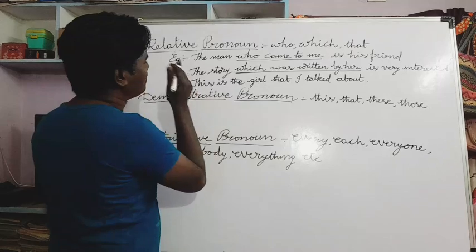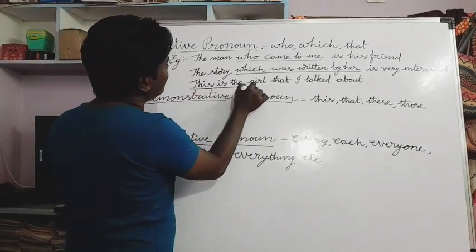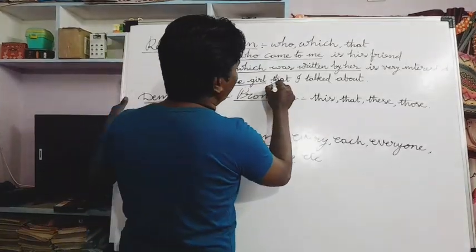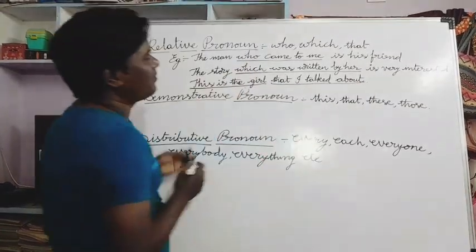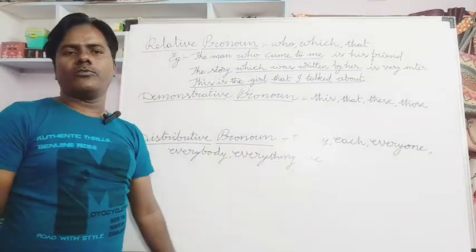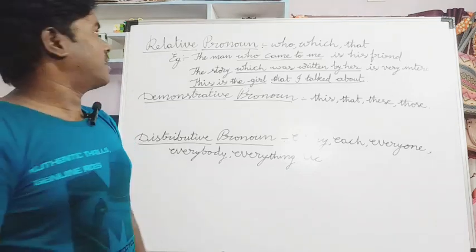Here also, this is the girl is one clause, and that I talked about is another clause. Like that, a relative pronoun is used to combine two clauses or two sentences, right?